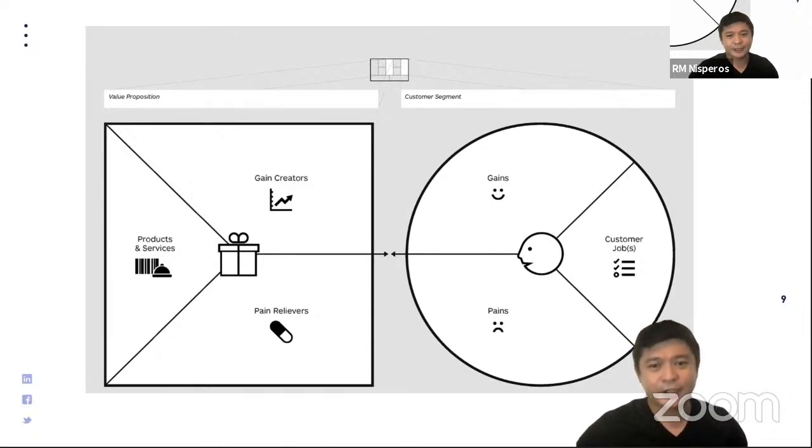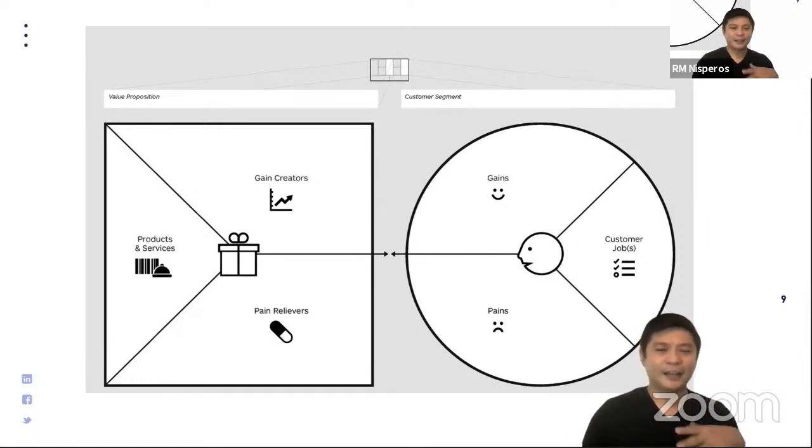So, customer segment, it's about enumerating the profile of our customers. And on the value proposition, what specific features, elements that we need to highlight or we need to build so that we can address the specific needs and wants of our customer segment. So let's go to this template briefly.